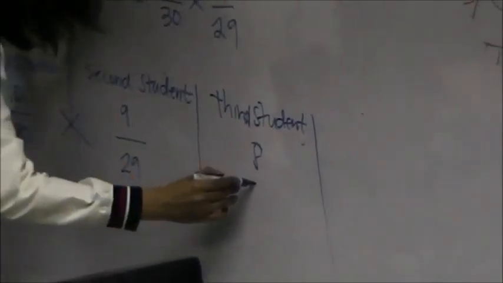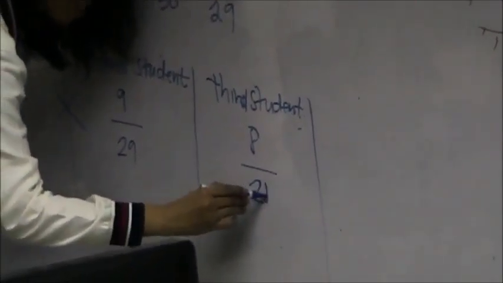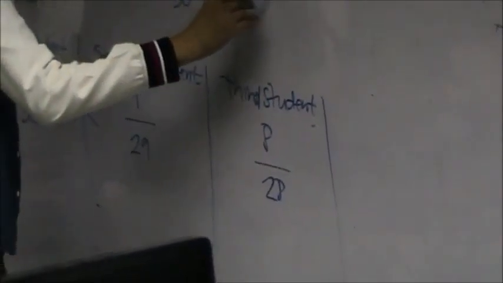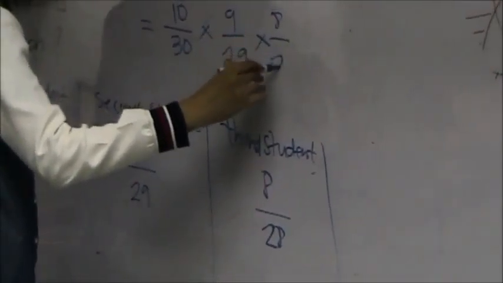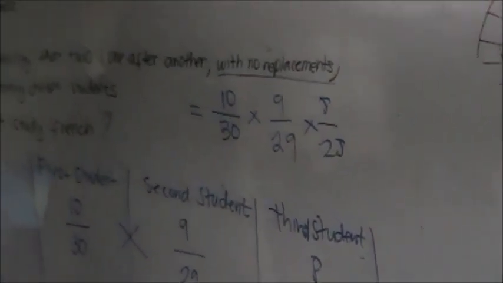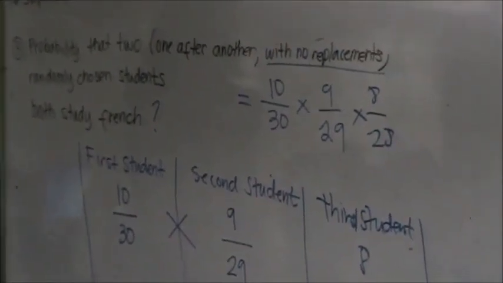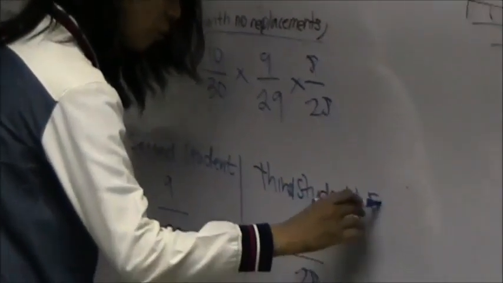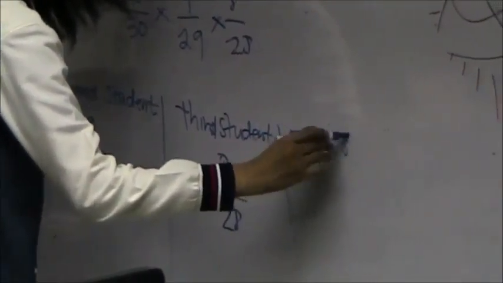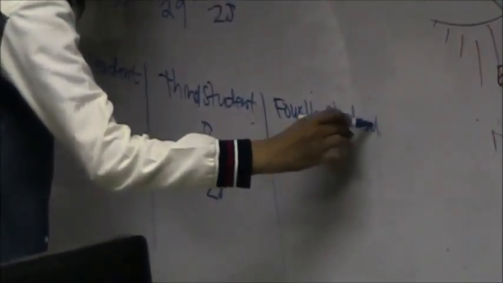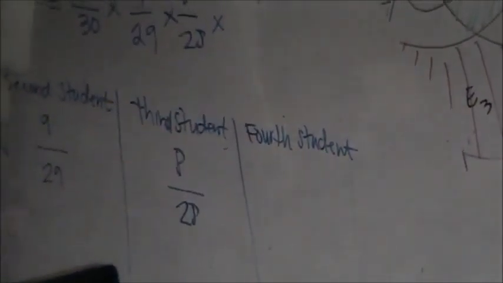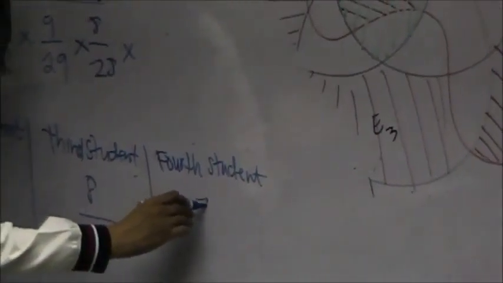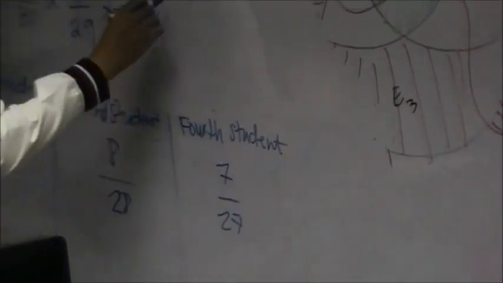So that would just be multiplying it again. If I do a fourth student, well, it's just the same thing. Seven over 27.